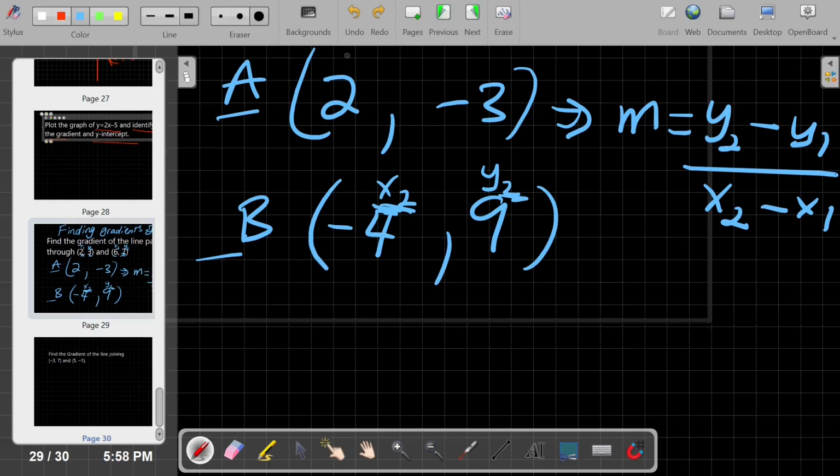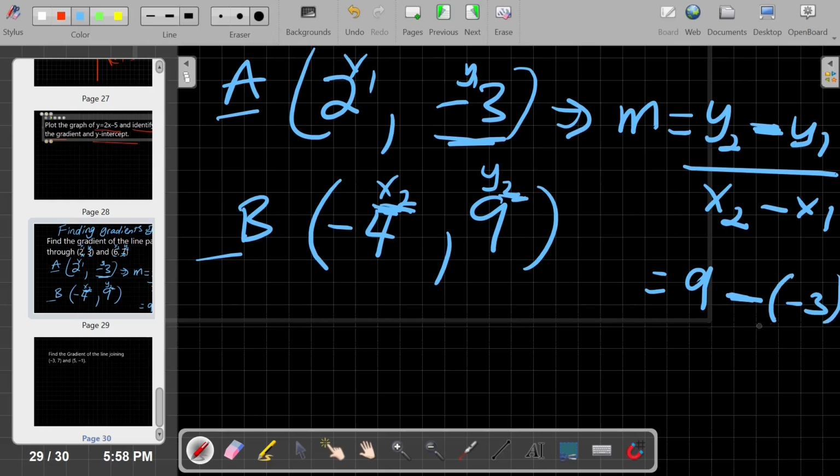Let's go ahead and have our x1 and our y1, and we'll just go and fill these things in our formula. We'll have 9 minus, now notice my y coordinate right here is a -3, and the formula tells me that here I should put a negative, so this is the minus sign. So I'm saying 9 minus -3.